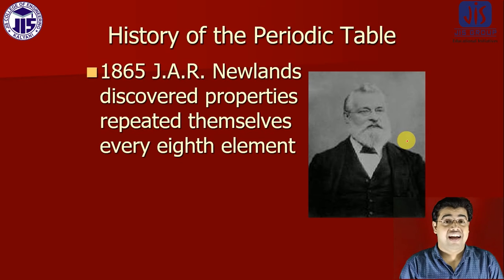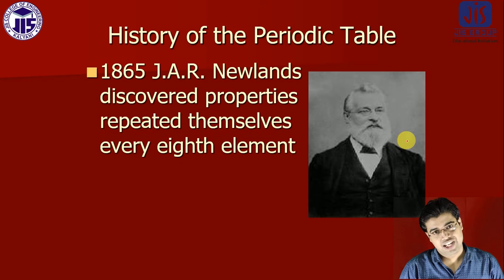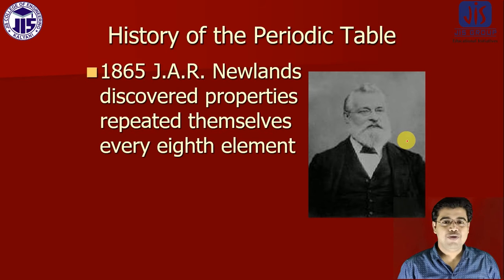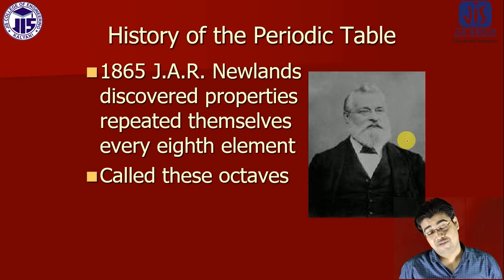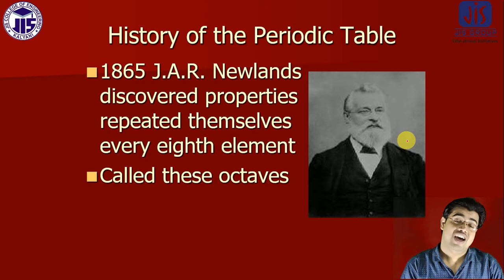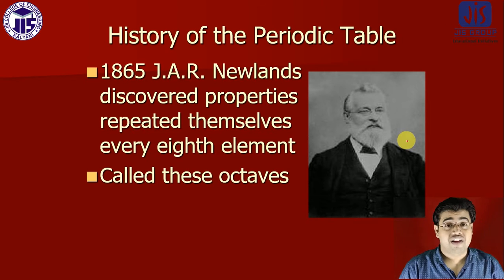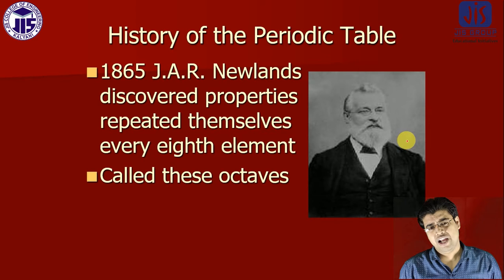Then in the year 1865, the next scientist Newlands came to the field, and Newlands tried to develop another way by which it is possible to establish a sequence of elements with similar properties, and that is called octaves.